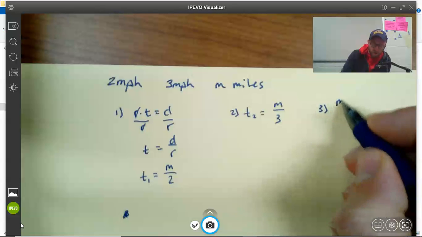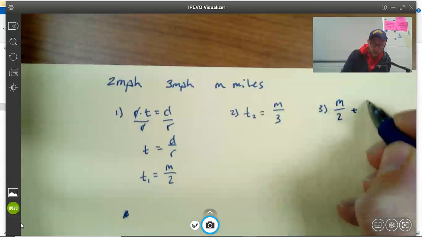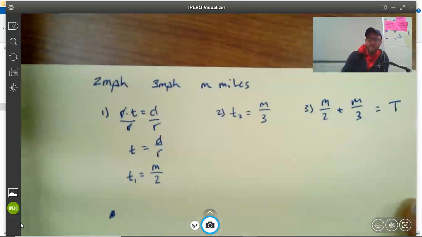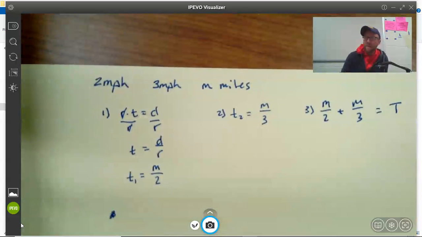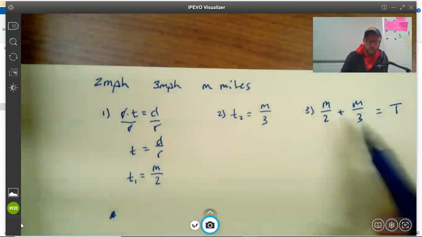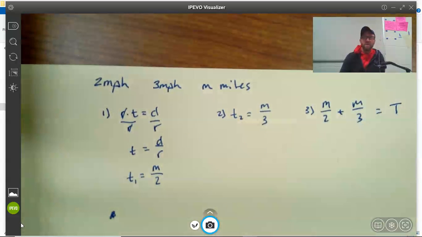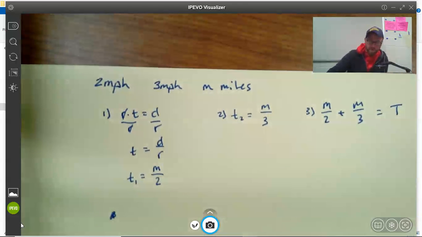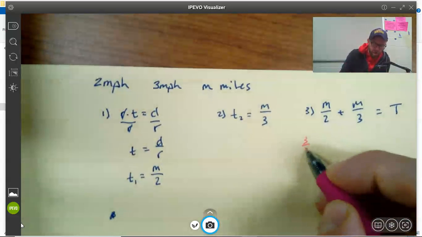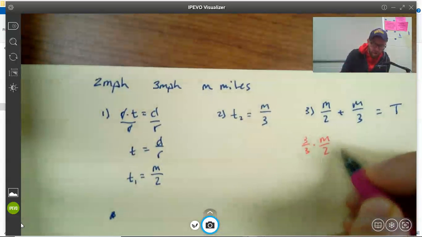So I have m over 2 plus m over 3 equals big T, total time. And here's where we need to do that trick I talked about in an earlier video, where we multiply each of these fractions, numerator and denominator, by the denominator of the other fraction. For example, we'd multiply this fraction here times 3 over 3.